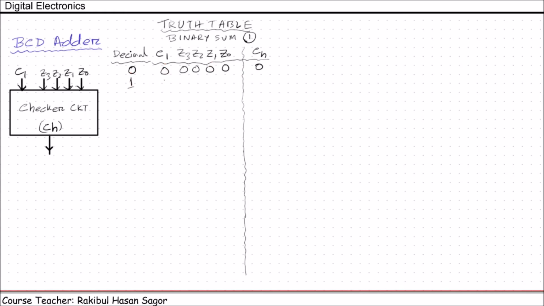Now next, 0 0 0 0 1, checker output should be 0 because 1 is less than 9. For 2, 0 0 0 1 0, 0.